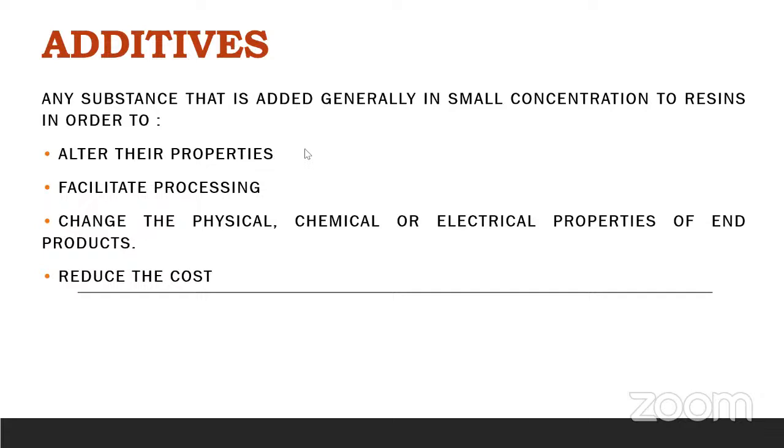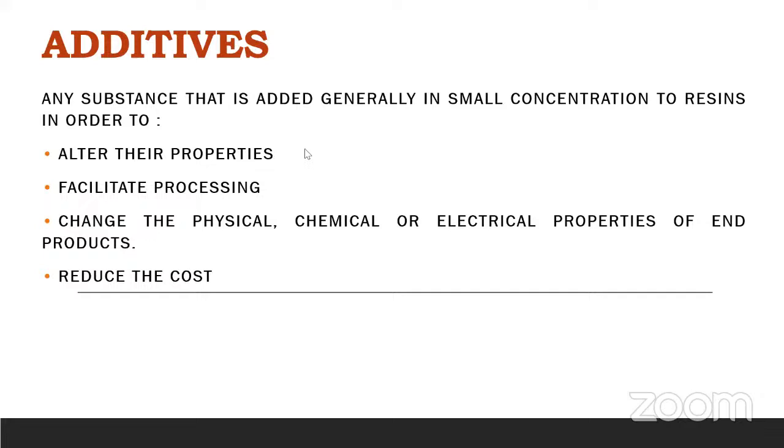Like in the previous class I gave you an example while talking about the composites and fillers. There are different composites which are being added or loaded with different fillers.